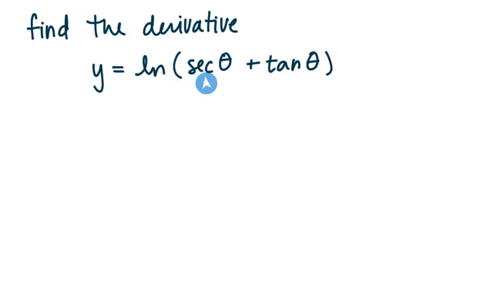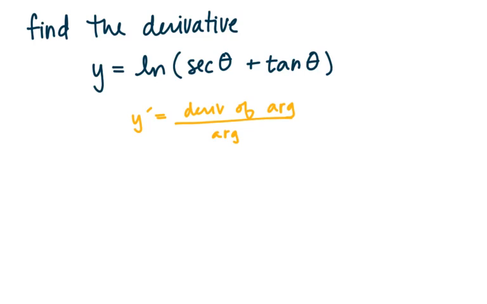And because my argument is more than just one variable, we know we're going to use the chain rule. The way I remember this, y prime is going to be the derivative of the argument over the argument.